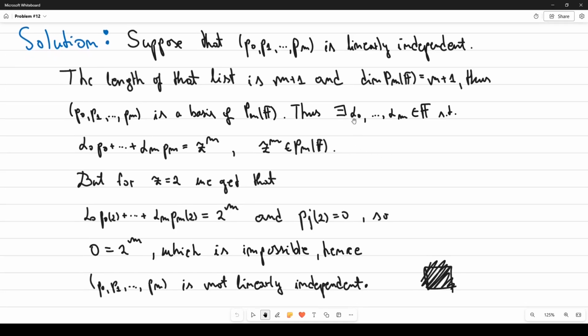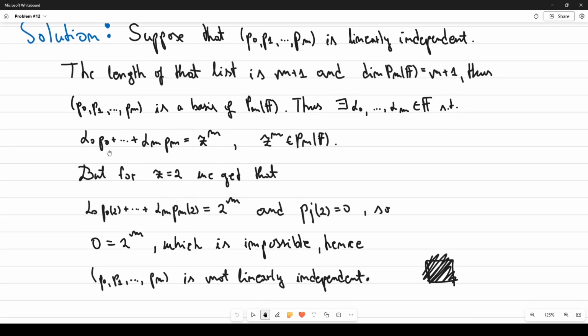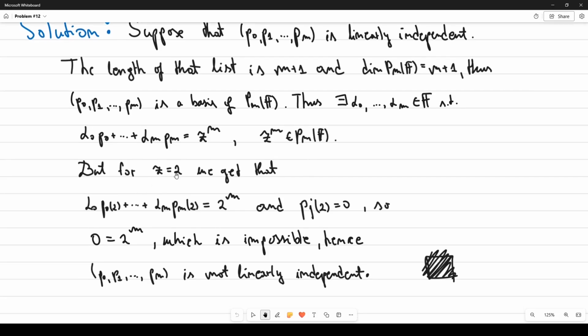Thus, there exist scalars alpha 0 all the way to alpha m, such that, for example, we can express the polynomial z to the mth, which is a polynomial in our space, as a linear combination. Due to this being a basis, there exist these scalars such that the sum is equal to this polynomial. But now when we plug in z equals 2, the left-hand side is equal to this, where I plug in 2 into each of my polynomials, and the right-hand side is equal to 2 to the m.